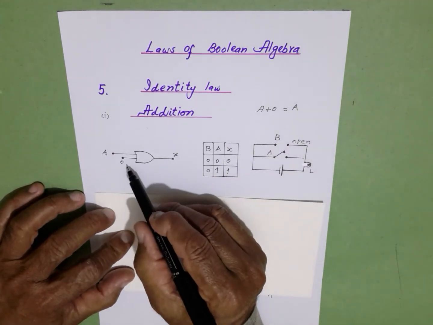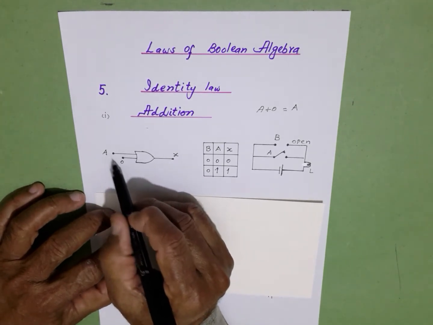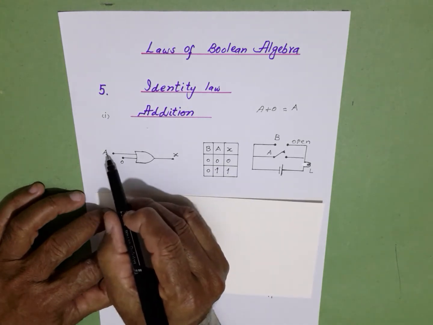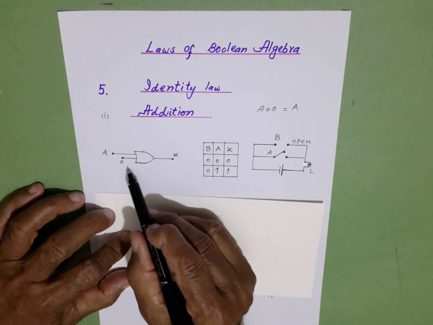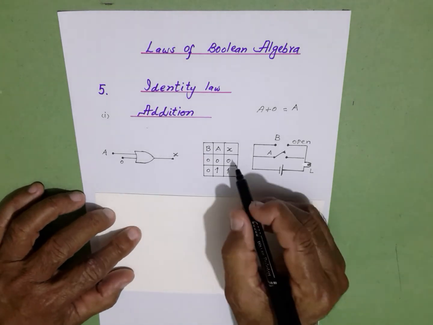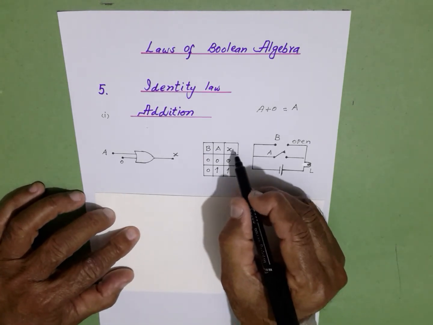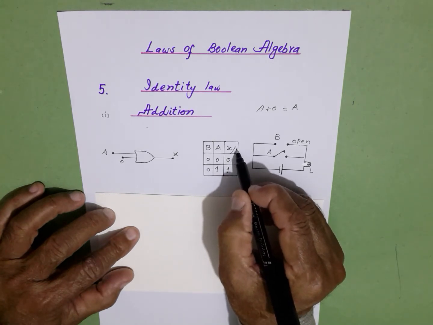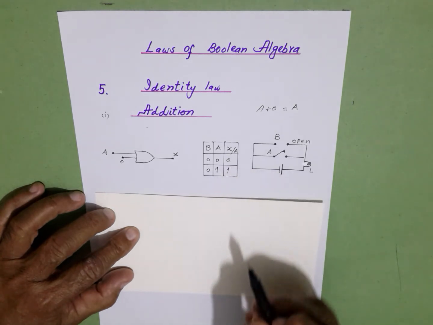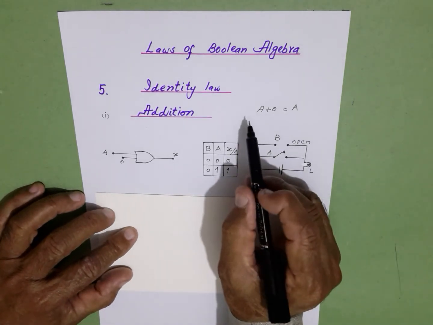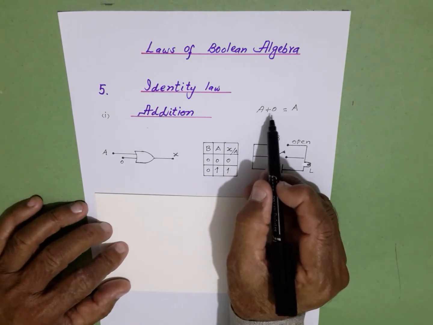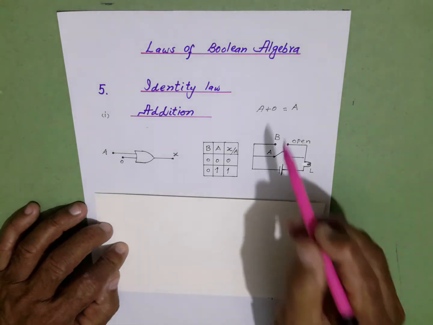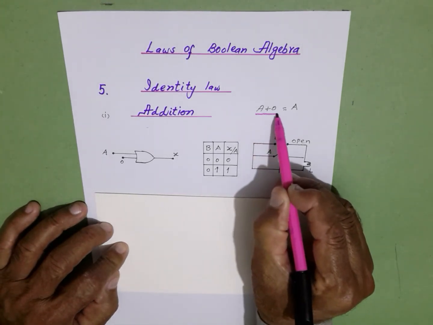This is a 0 and it is being ORed with A. When A is 0, the output is 0. When A is 1, the output 0 plus 1 is 1. Whatever is the variable, the same is the output. This is the law and you have to remember this.